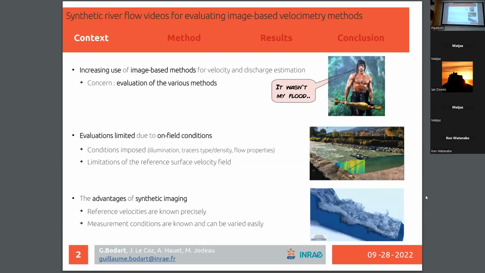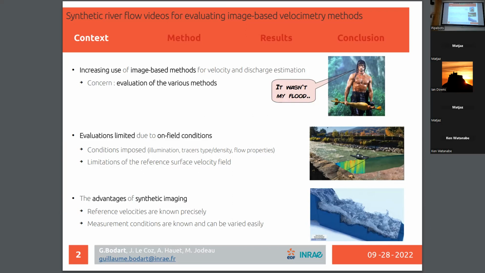So first, a little bit of context. As you may see, image-based methods are growing fast, either to determine velocities for velocity mapping or for discharge estimation. But still, one constant that remains is how to properly evaluate these methods.